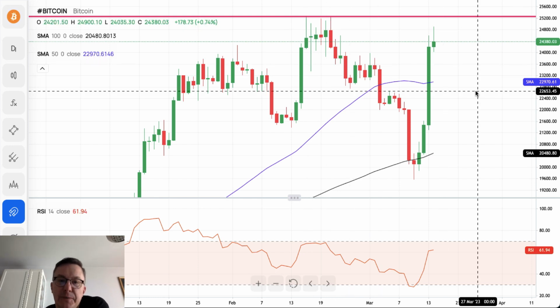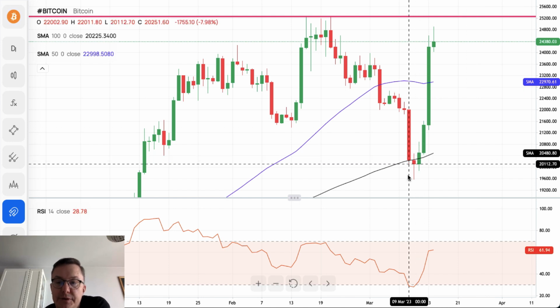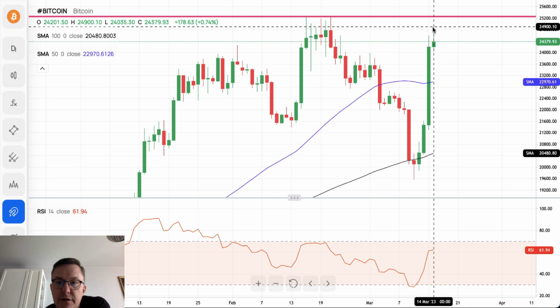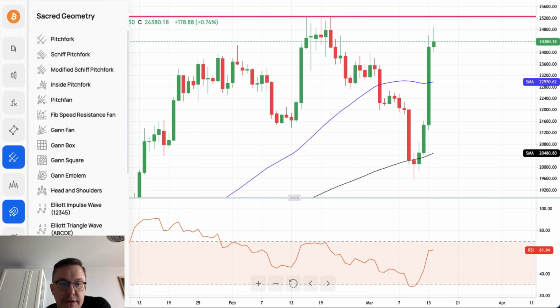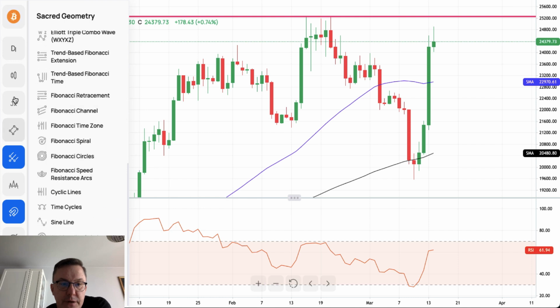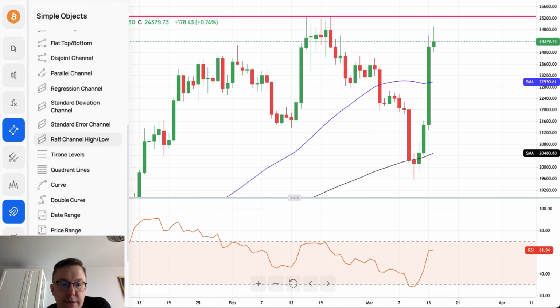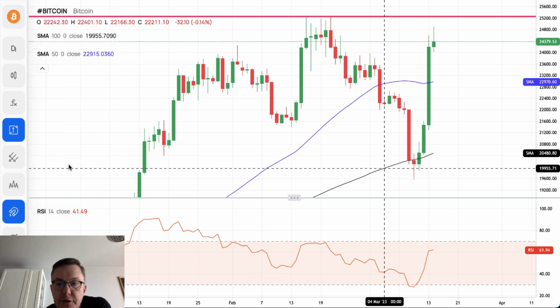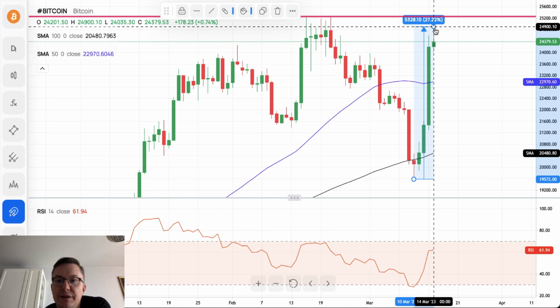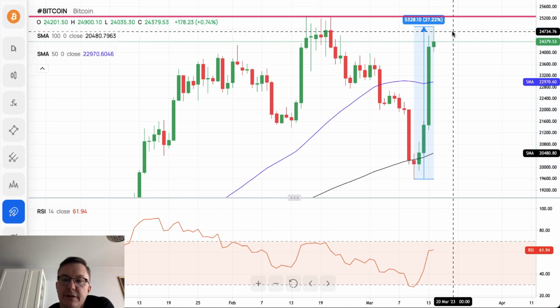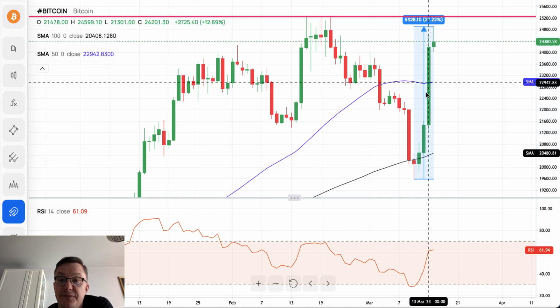That's the exact swing high and the yearly high for Bitcoin. Very impressive bullish rally. We already, let me just take a look here, where is my price range? There you go. We already moved over 27% from the bottom.